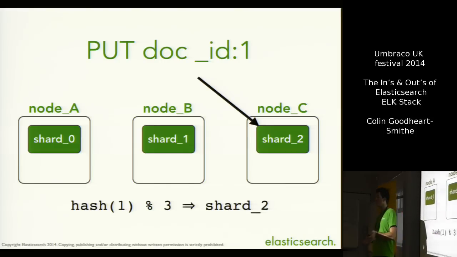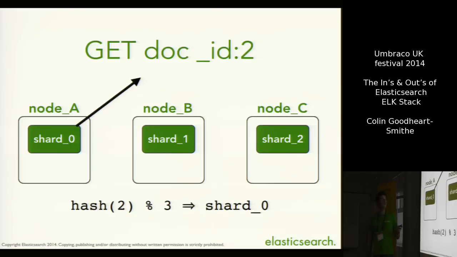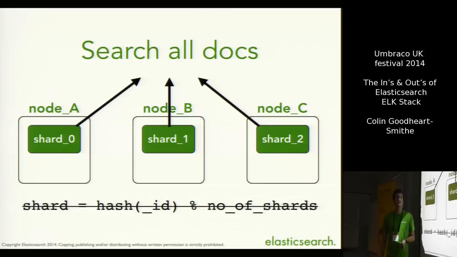That's done by us. You don't have to know which shard to go to. We'll work that out for you. Same with getting a document. It'll run exactly the same calculation, and it will return it from the correct shard.